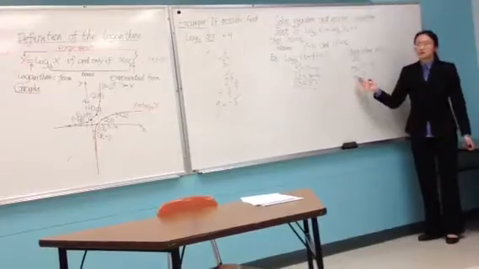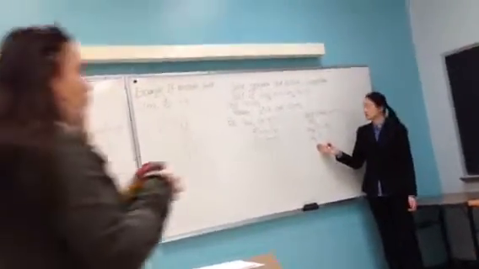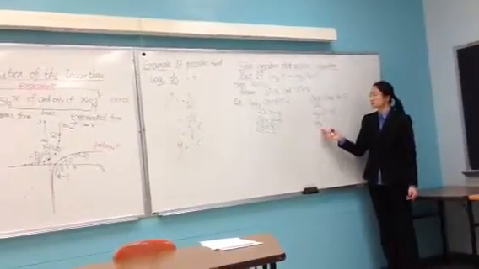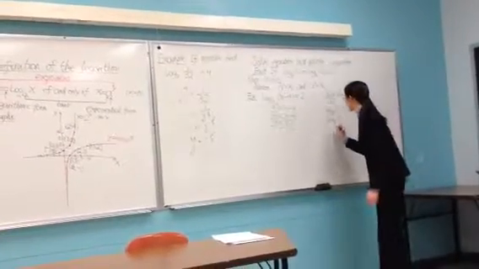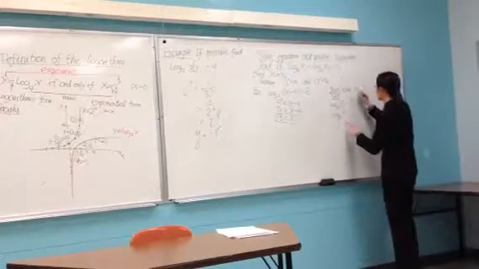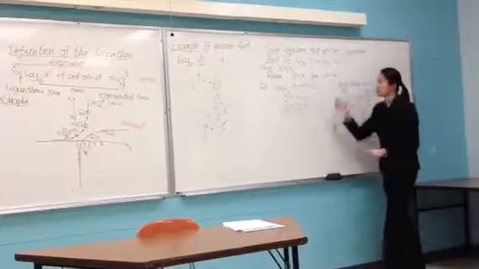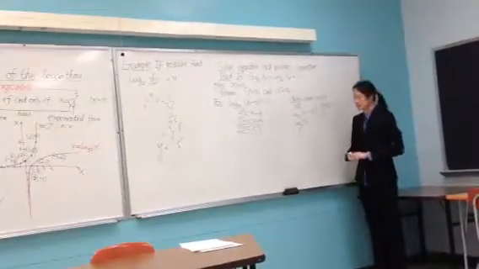Okay, now let's see. Logarithm base 3 of 9 is the exponent that we need to raise the base 3 to get 9. So 3 to which exponent is 9? 3 squared is 9. So this is 2. Right hand side is 2. We got the solution is x equals 13.